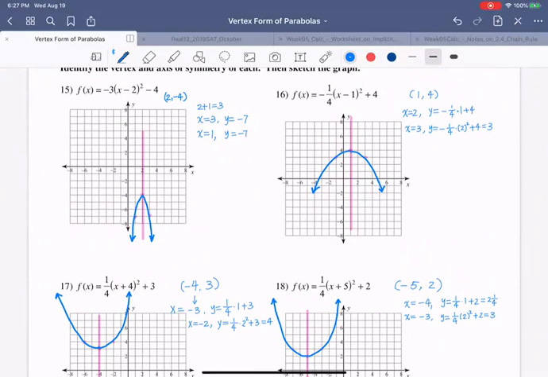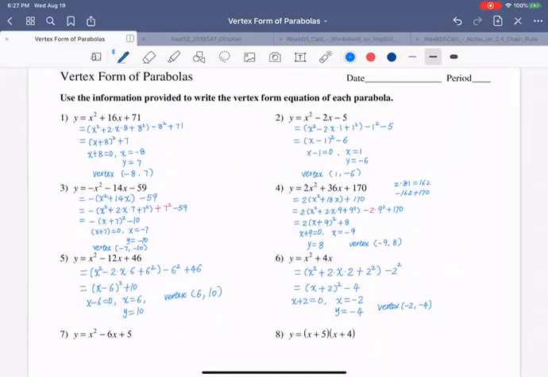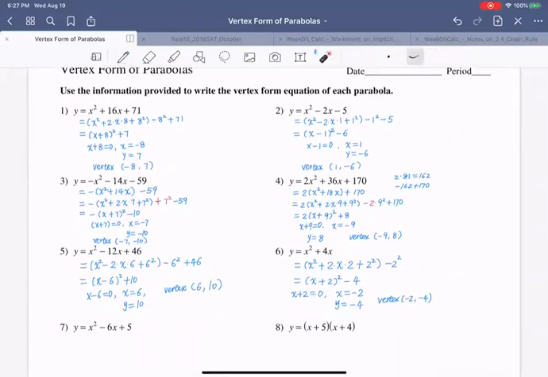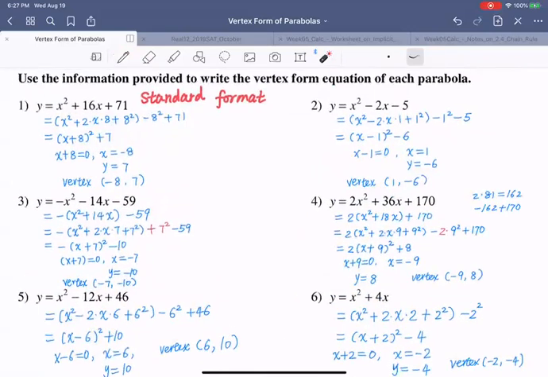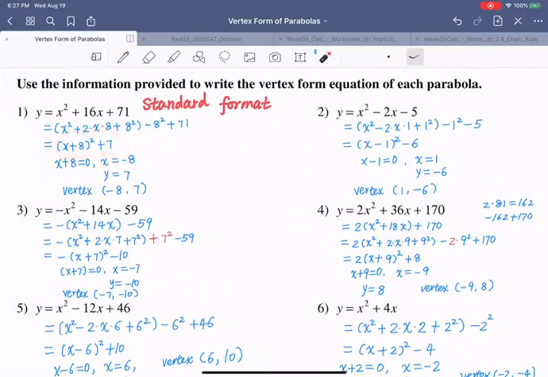So today we learned 2 different topics. One is about how we change this kind of format to vertex format. This kind of format is called standard format. You want to write this down on your paper. The format like this that we converted to is called vertex format.